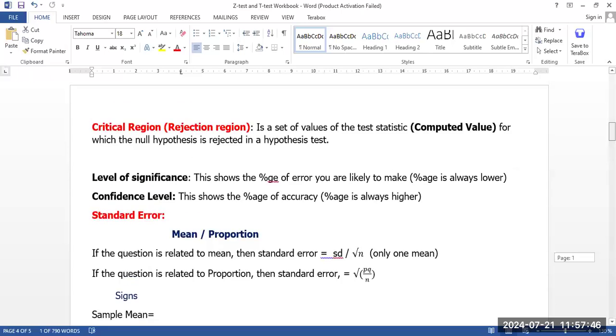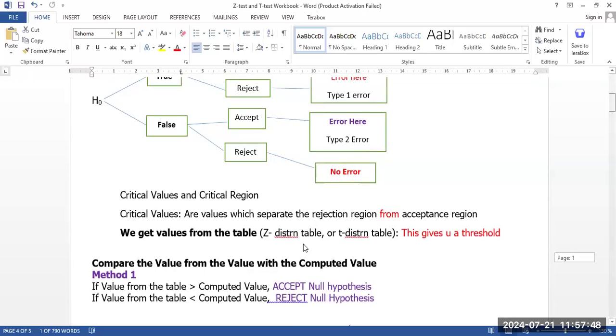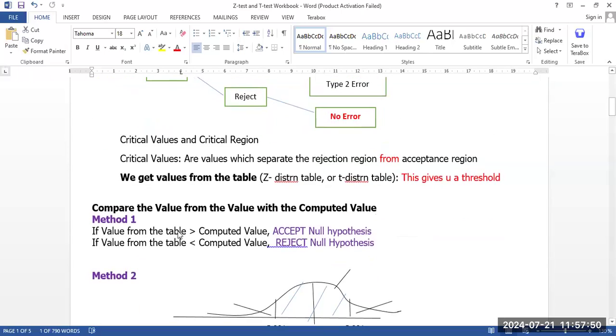In such a scenario, if the value from the table, 1.96, is greater than the computed value, 1.095, then accept. Are you seeing the logic, colleagues?